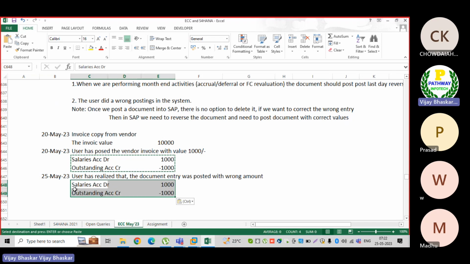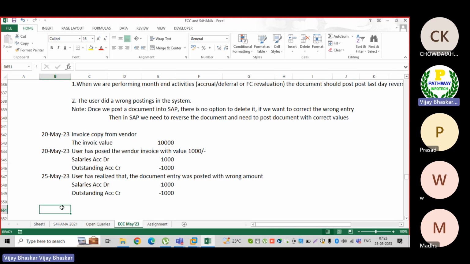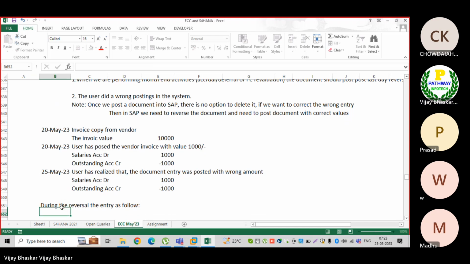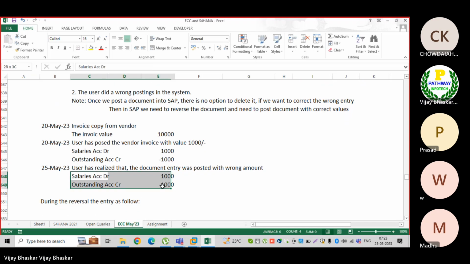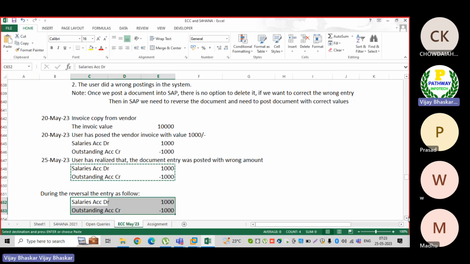Now, see, this is the entry I have posted. During the reversal, the entry is as follows. Simple logic here.